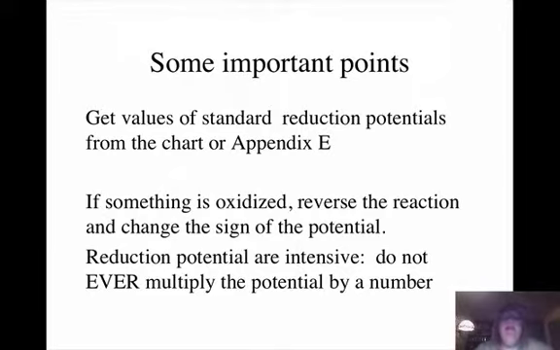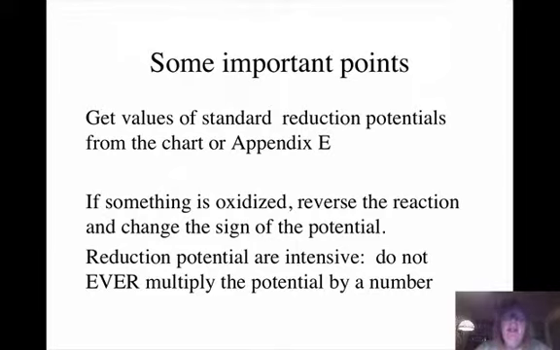Now, if something is being oxidized, the reverse of the reaction is what would be happening, because everything is written in the form of a reduction where the electrons are on the reactant side. But if something is being oxidized, and something will be oxidized in a redox reaction, then the reaction that's happening is the reverse of that reaction, and you will need to change the sign of the potential. So in other words, if it had a negative reduction potential, then it would be positive, or if it was positive, it would be negative.